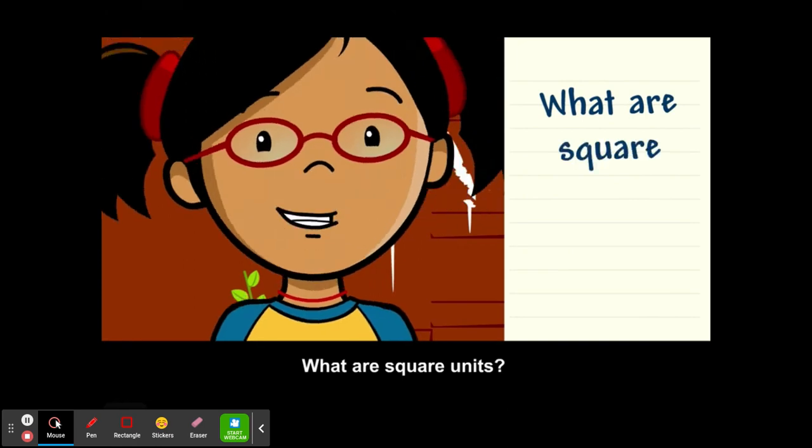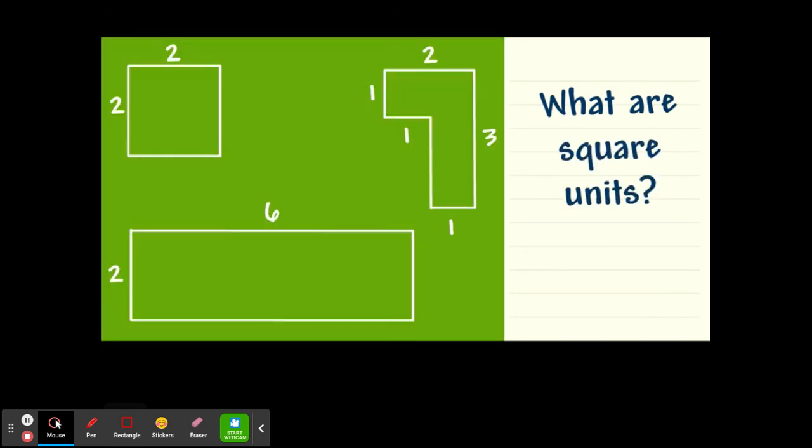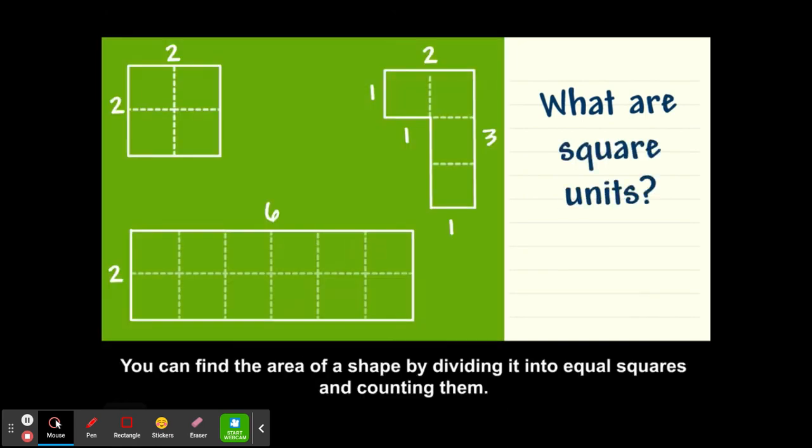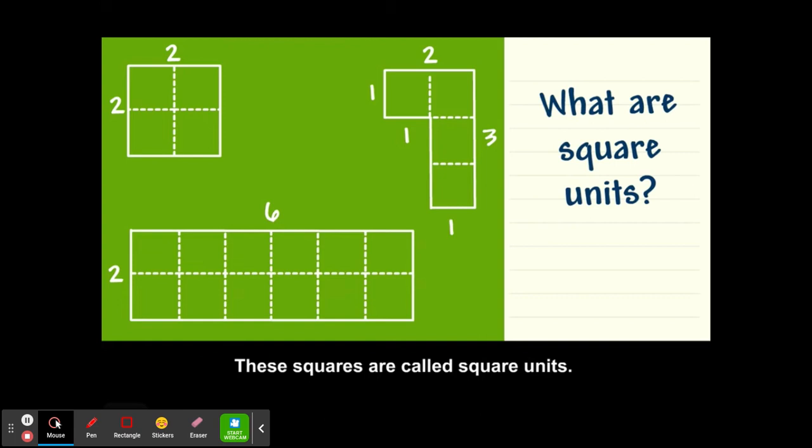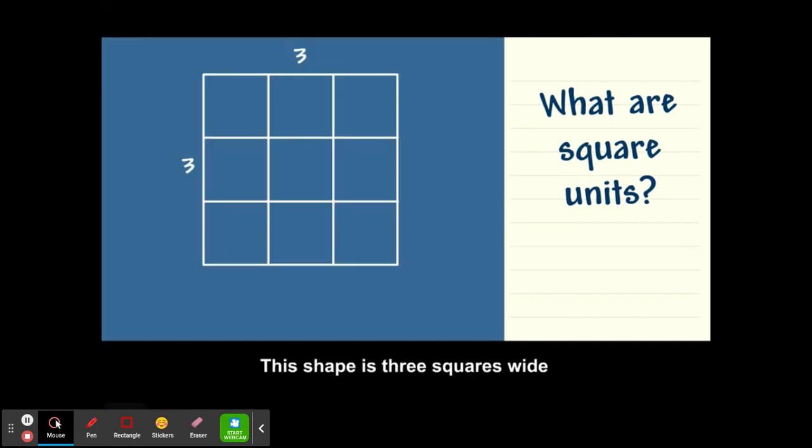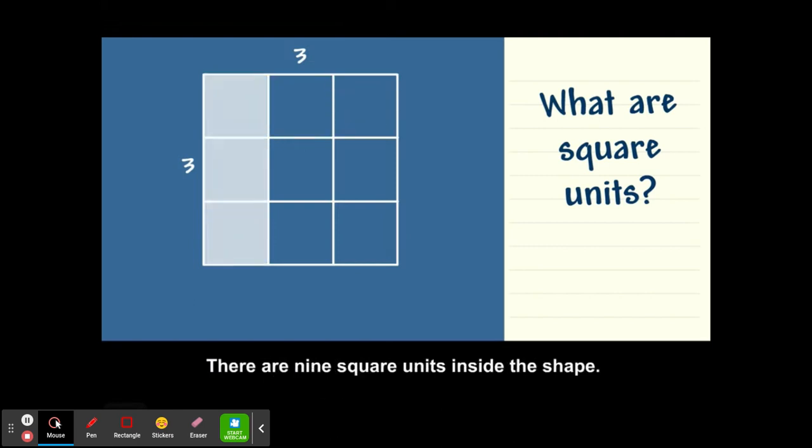What are square units? You can find the area of a shape by dividing it into equal squares and counting them. These squares are called square units. This shape is 3 squares wide and 3 squares tall. There are 9 square units inside the shape.